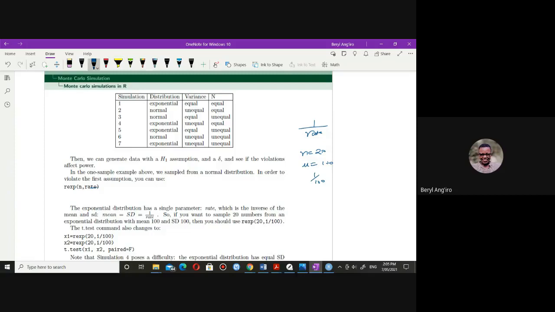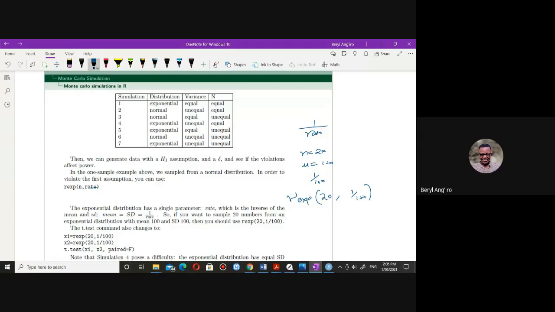So if we have equal mean and standard deviation, that is, if you want to sample 20 numbers from an exponential distribution with mean 100 and standard deviation 100, then what we are using is we are generating random variables from the exponential distribution. We are generating 20 with rate 1 over 100.